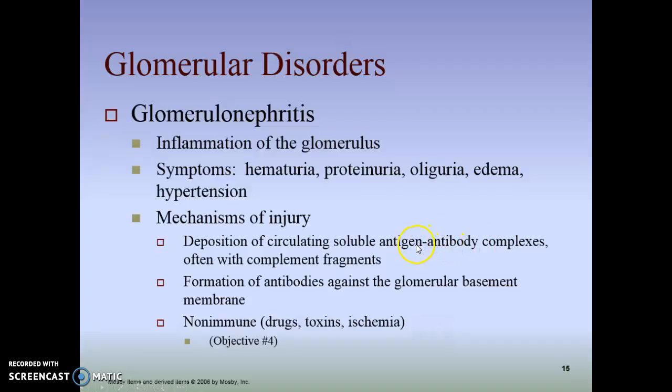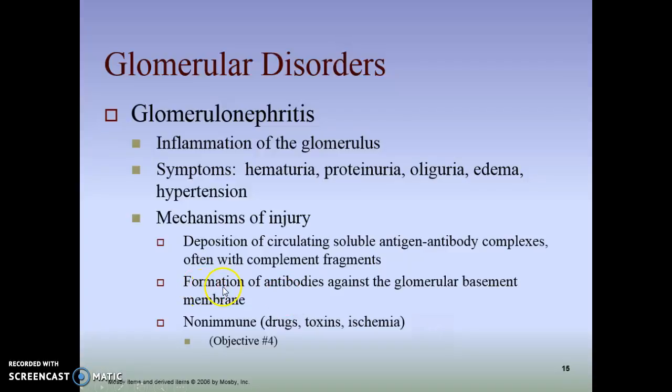The antibody binds to the antigen. Remember, the antibody has 2 antigen binding sites, so one antibody can bind to 2 antigens, and you can develop these very large complexes, large in terms of the microscopic scale.